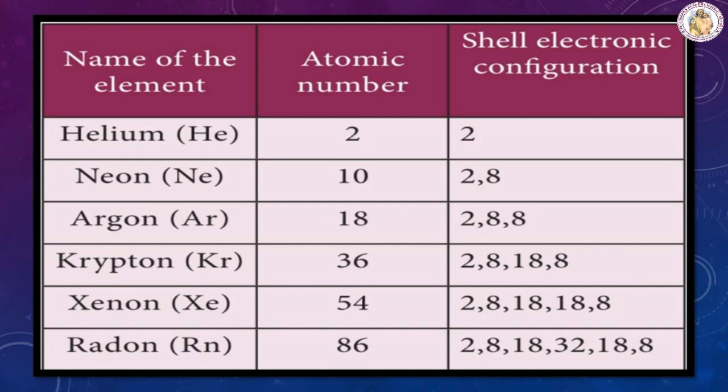Radon atomic number is 86. The outermost shell valency electrons is 8. So these are all noble gases and stable. Why? Because the outermost shell electrons are completely filled. So these are all called noble gases.